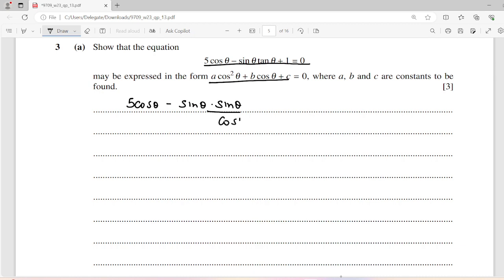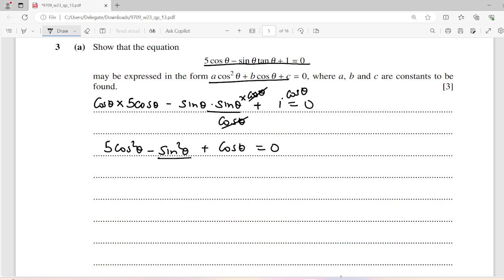If I don't want the cos theta here, I can multiply it on each and every term. I multiply it here. I can multiply it even on this one here, and also on this one here. On the right hand side, basically it will be a 0. So I end up having my 5 cos squared theta. This cos will go with that, minus sin squared theta plus cos theta equaling to 0. So we have to express sin squared theta in terms of cos.